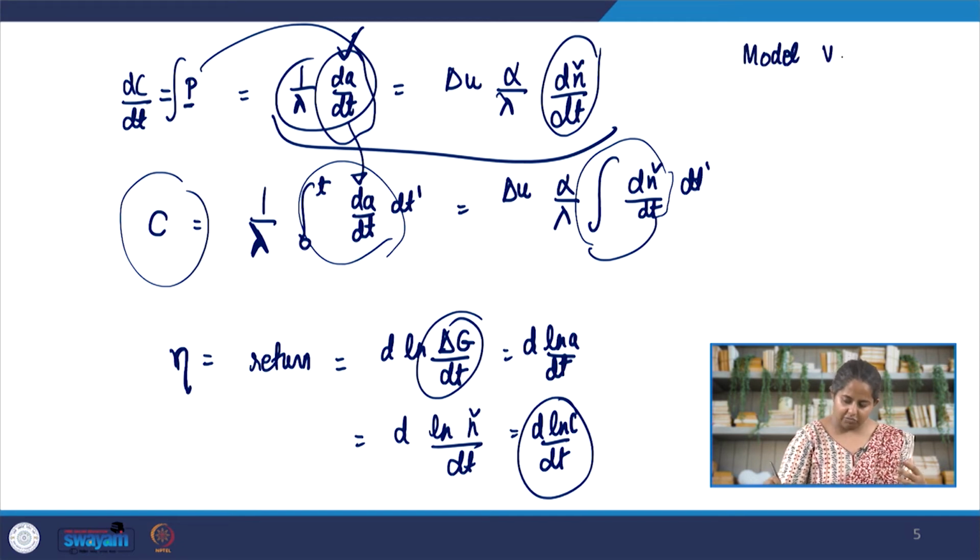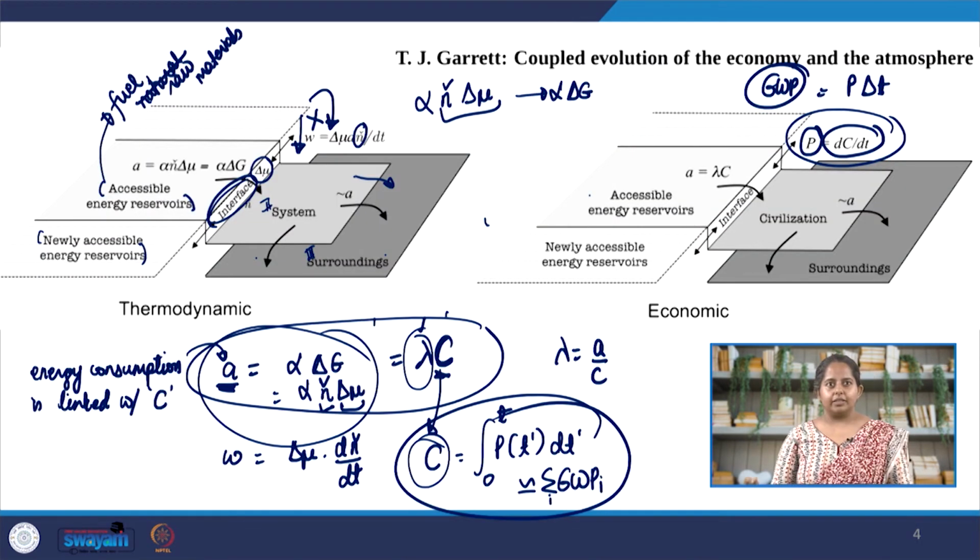So, what the author did was, after writing these mathematical equations, now students, if we look at what we have studied in this course, the genius here is in using the thermodynamic model to model the economy of our earth. The genius of the author is actually in reducing the resolution of the model.